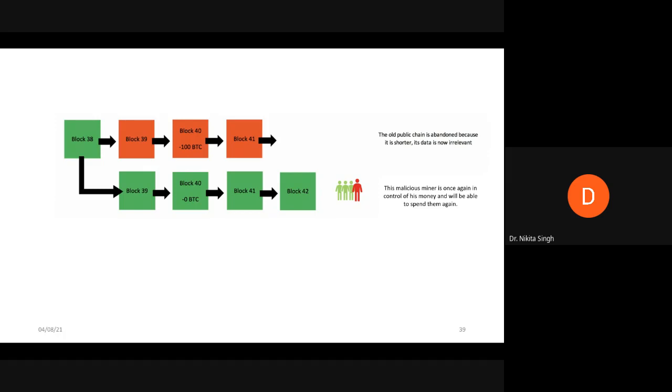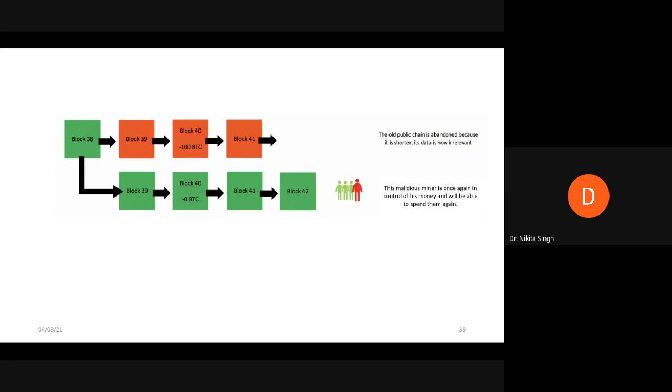So, double spending is a phenomenon where a single unit of currency is spent more than once. This will create a kind of disparity between the spending record and the currency that is actually available. And this double spending problem is most commonly associated with digital currencies like Bitcoin and Ethereum because digital information is easier to reproduce or manipulate.